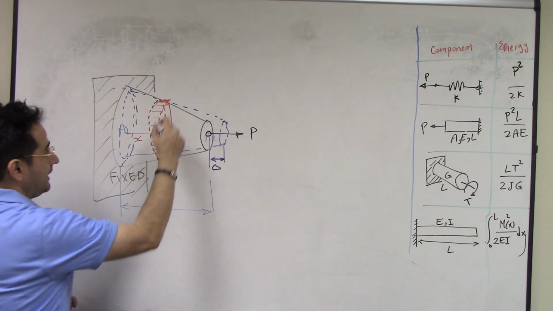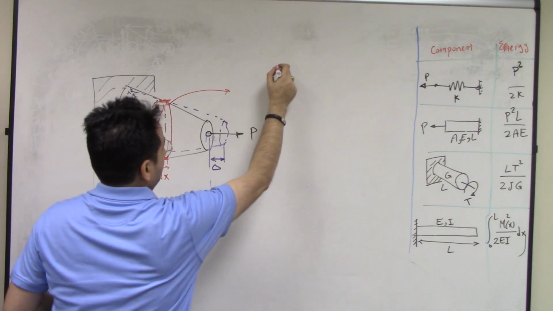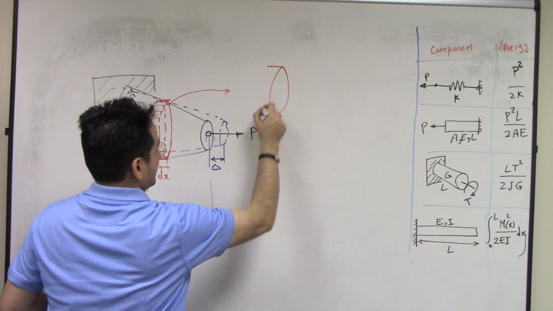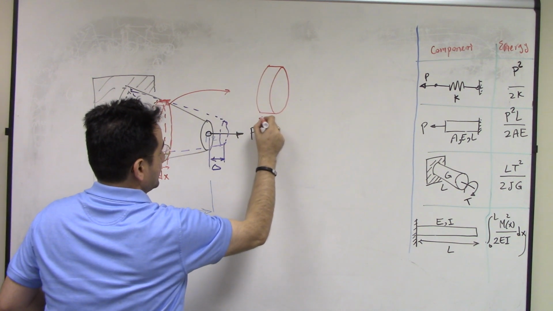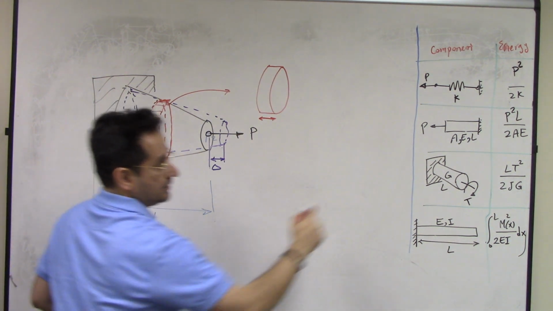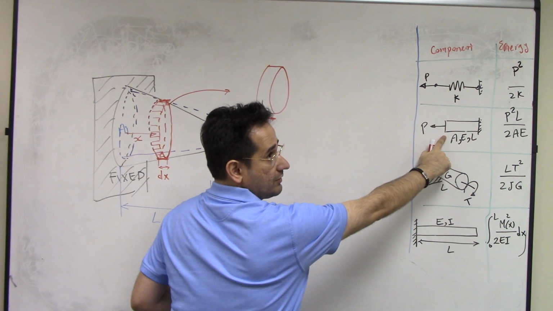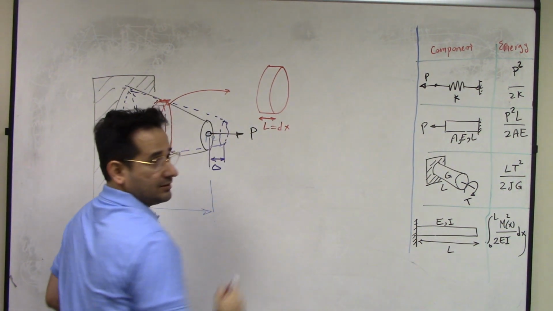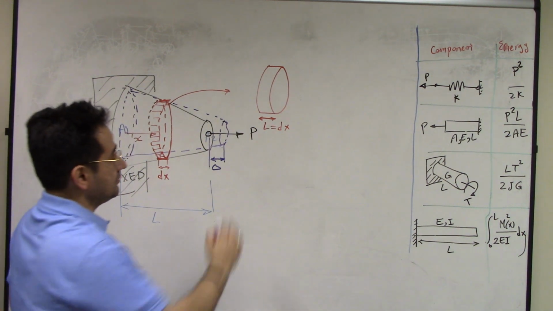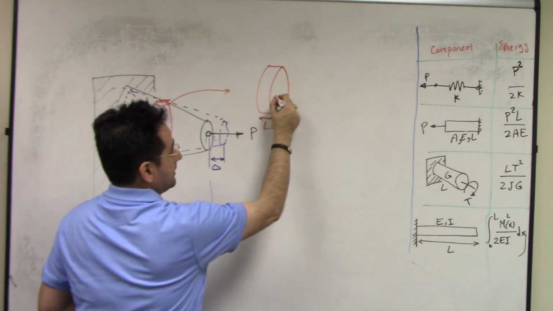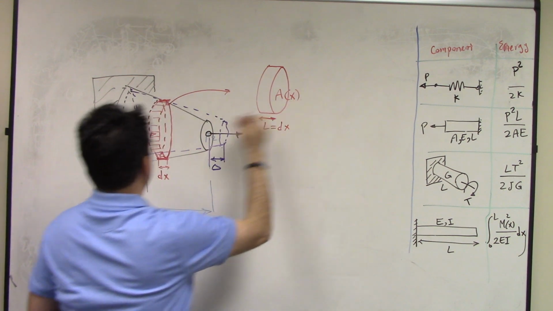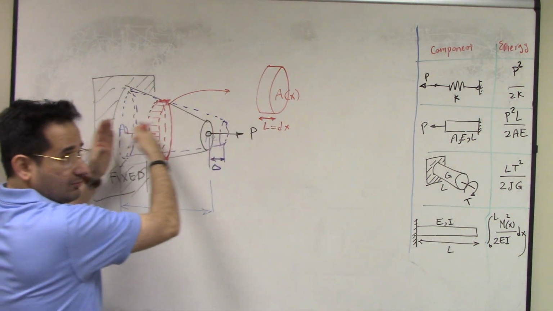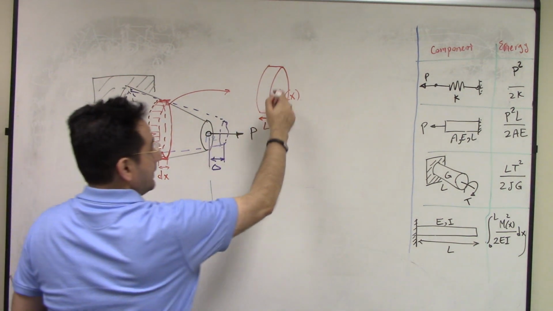So in fact, we have a bar like this, where the length of the bar is dx. And the cross-sectional area on both sides is A as a function of x, because the area changes. It's not going to be the same. So it's A of x.